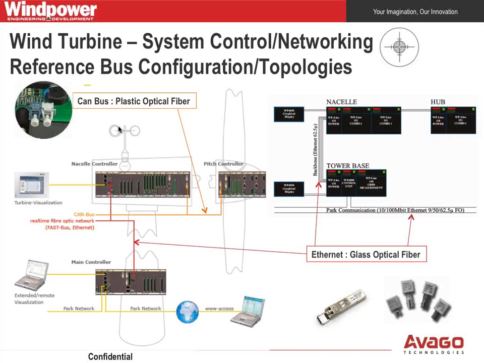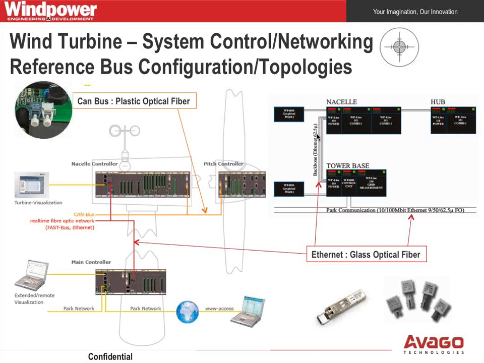For the higher level networking applications highlighted here in the red, where you're going up and down from the top to the bottom of the tower or tower to tower, they reference Ethernet as a communication protocol. In most cases, that's going to be run, as you can see over to the right here, where this says 62.5 micron.